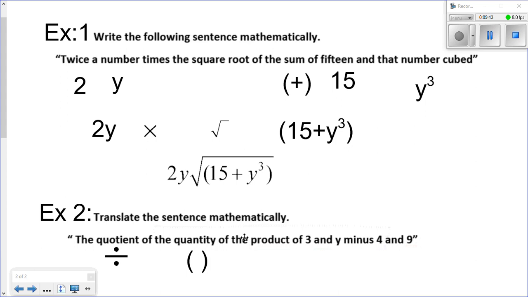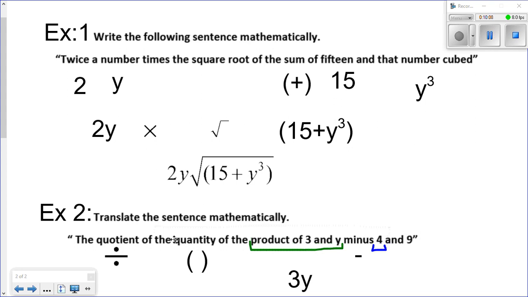So what's going to go in the parentheses? The stuff that follows. The product of 3 and y, so product means I'm multiplying, minus 4. So that means subtraction, and 4. So this operation right here, 3y minus 4, is what's going in the parentheses. And 9. So that's part of the quotient.